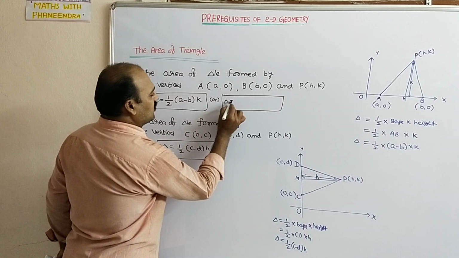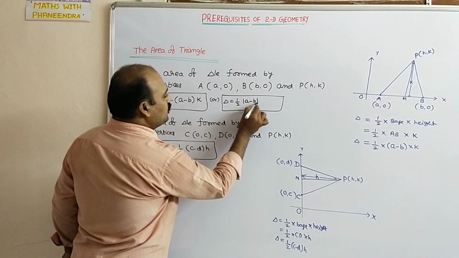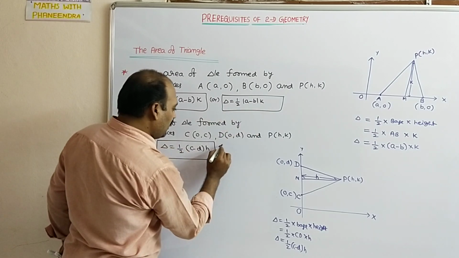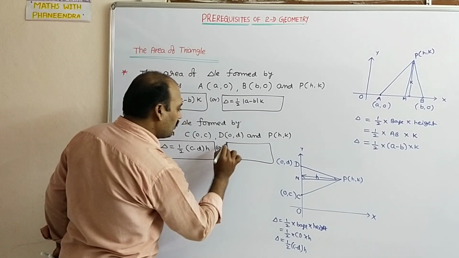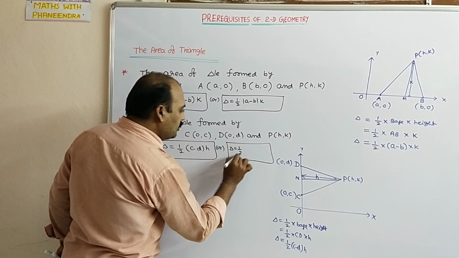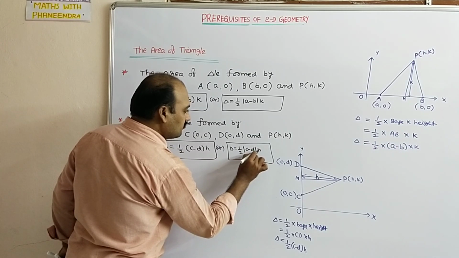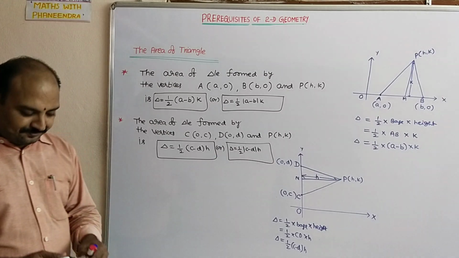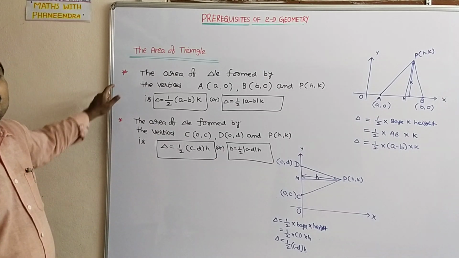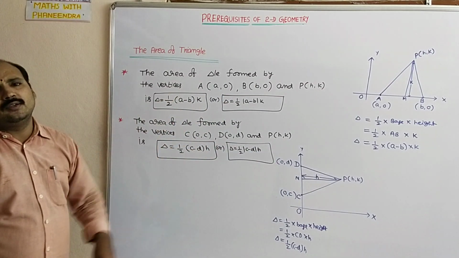Because area is always considered positive, mod A minus B into K. Even here also, delta equal to half into mod (C minus D) into H. So both are the same. These are the particular cases of the area of a triangle. When the points are in this form, you can write directly.